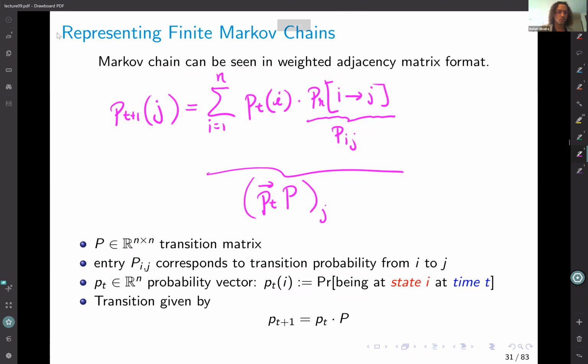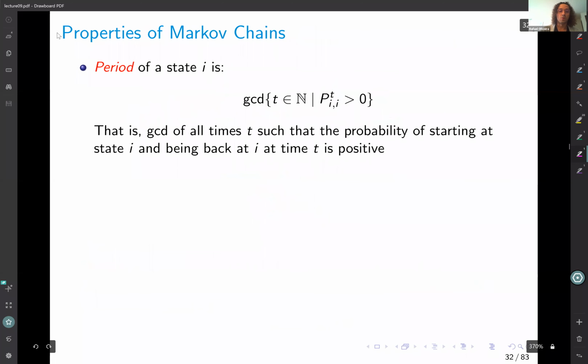Does that make sense? Okay, so this is how we can represent the finite Markov chain and the transition of states. It's just a matrix vector multiplication. Okay, great.